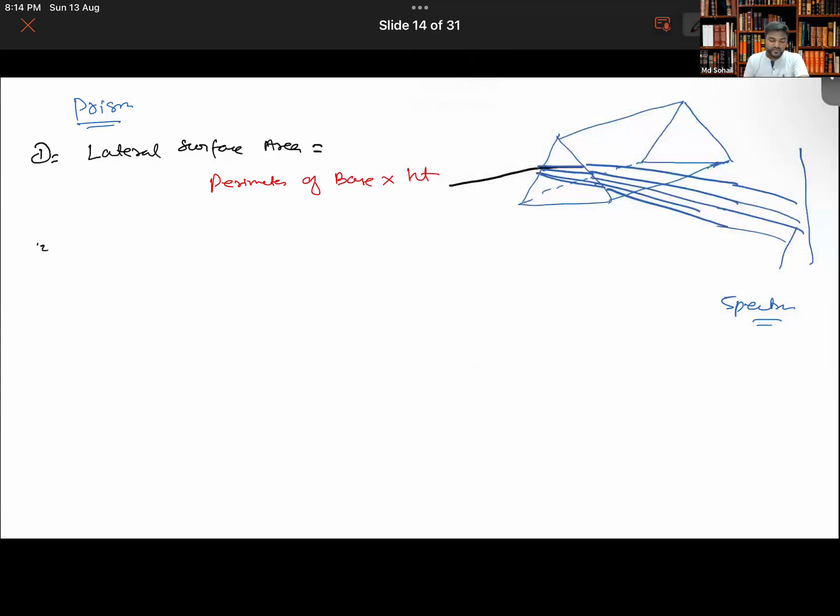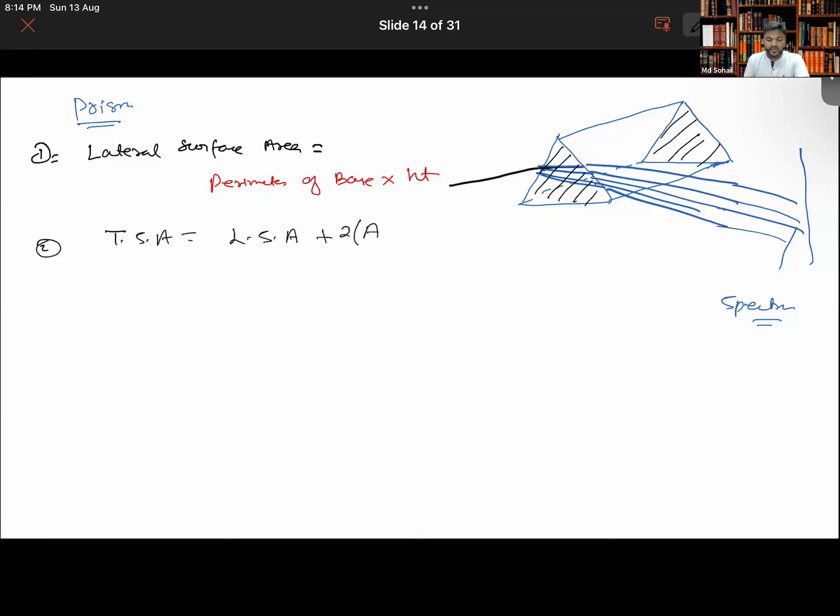Now, next thing, what if you were to calculate the total surface area? It will be simply lateral surface area plus the area of the end surfaces. This surface over here and this surface over here. Just calculate them.